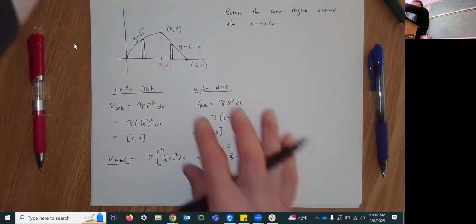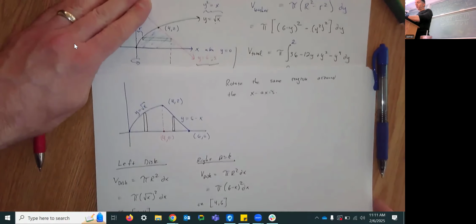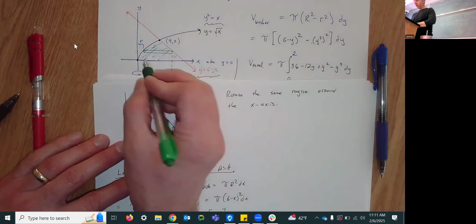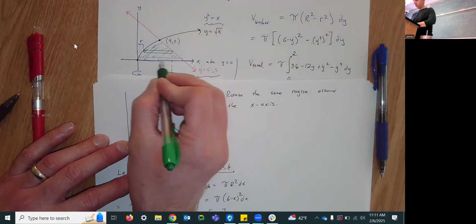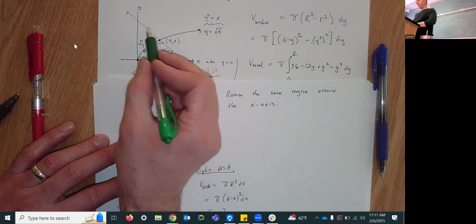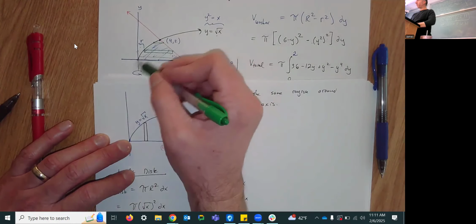So look back at the previous one for just a moment here, if I can. No matter where I drew this horizontal strip, whether I drew it very, very low, or in the middle, or very, very high, the right-hand boundary was always this red curve. The left-hand boundary was always this black curve.